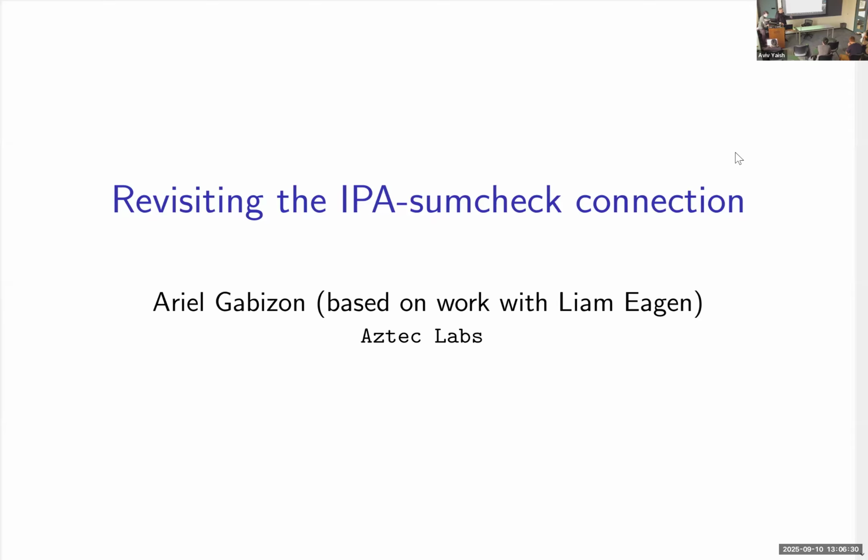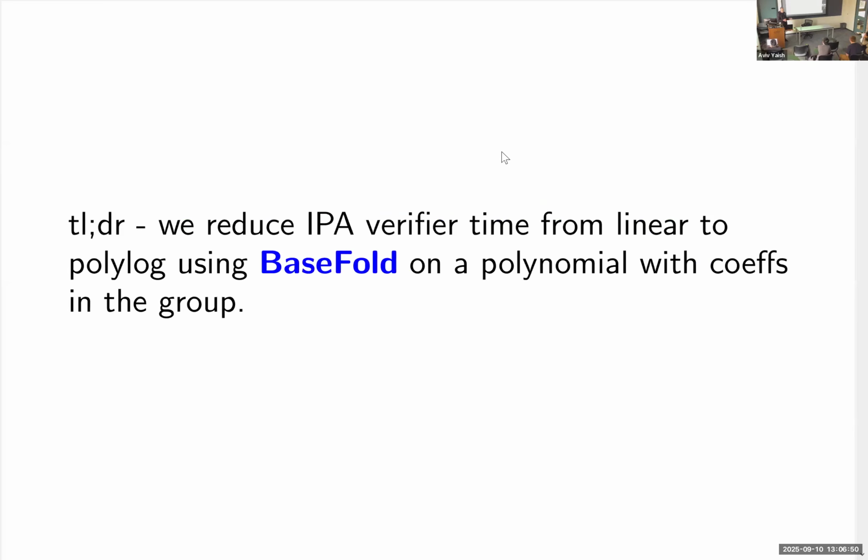Yeah, this is a joint paper with Liam Egan, and I browsed the seminar website, and I saw the topic of ranges is pretty broad, so I tried to make this presentation pretty self-contained and basic. But I will start with a TLDR for people who are familiar.